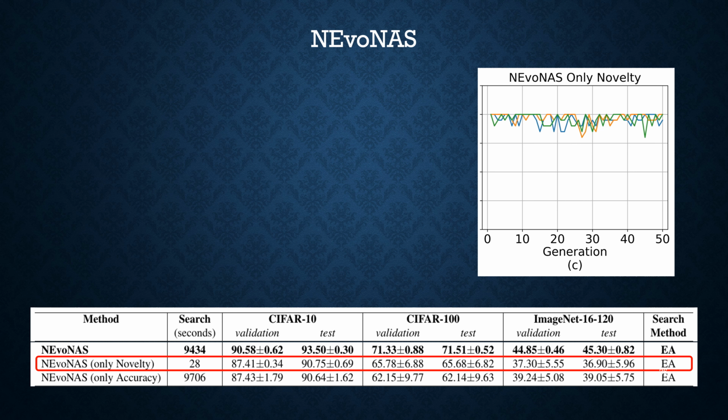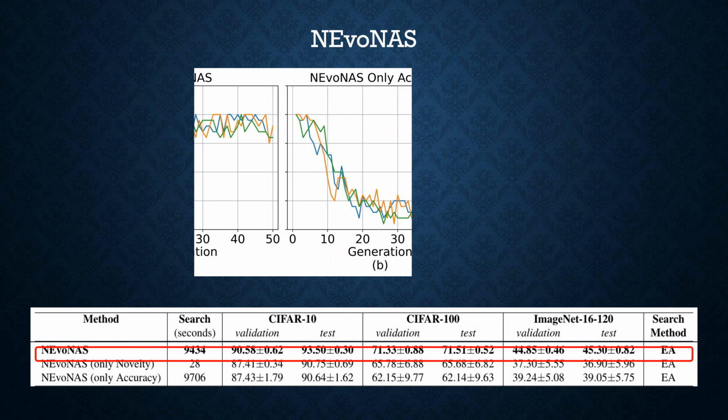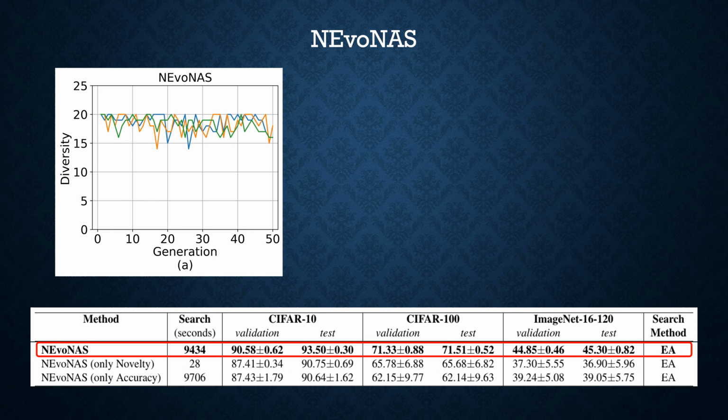So when we run the algorithm with only novelty as a objective, the result is not that good, even though the diversity is pretty high for each generation, because the algorithm has no idea which architectures are good and which are bad. But for the multi-objective version, we get the best of both worlds and get a very good result.